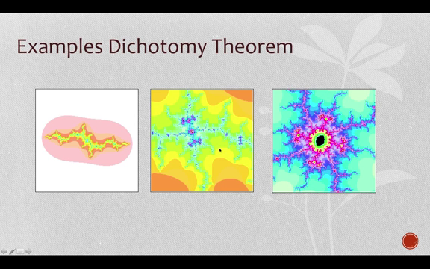For each point z0 of the plane, we generate a sequence z1, z2, z3, and so on, by the basic iteration rule z(n+1) = zn squared plus c. If the sequence does not run away to infinity, then the point z0 belongs to Kc. If the sequence does run away to infinity, then z0 does not belong to Kc.